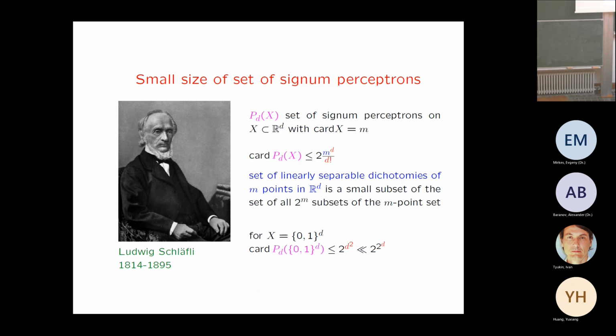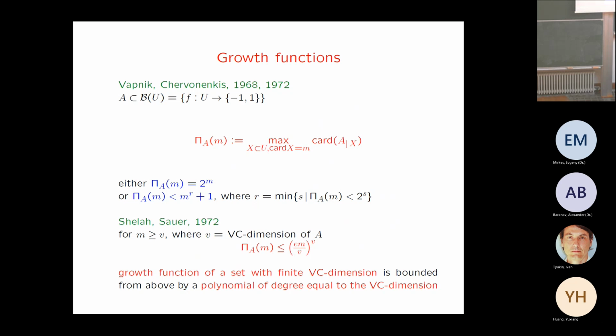So this is classical. It's a nice paper by Kůrková from the 60s, I think, because it's difficult to read papers written in the 19th century. And the next step is the concept of growth function, which was introduced by Vapnik and Chervonenkis in connection with the concept of VC dimension.